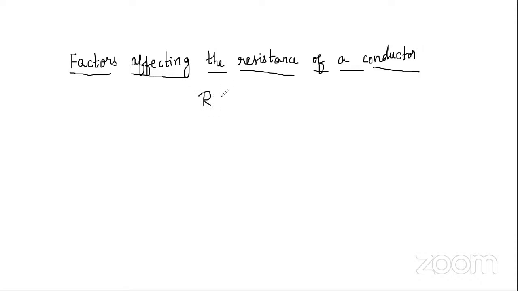R is directly proportional to L, inversely proportional to area of cross section. So that means R is proportional to L by A, and when you remove the proportionality, you have to put a constant.